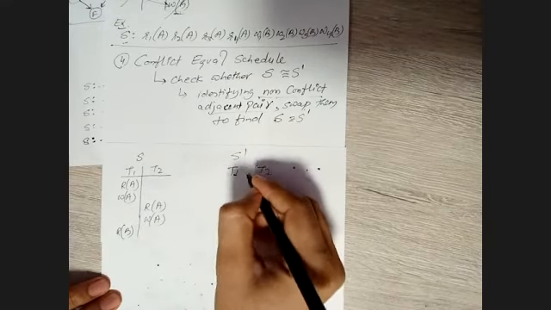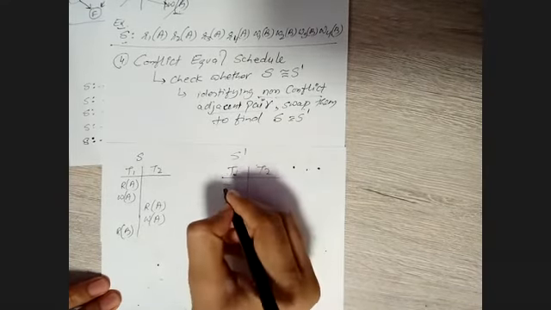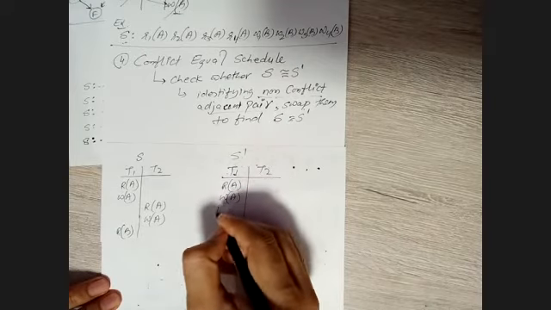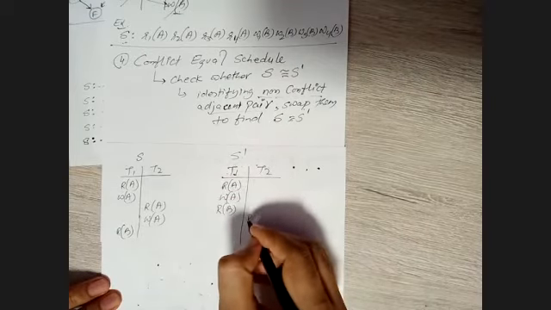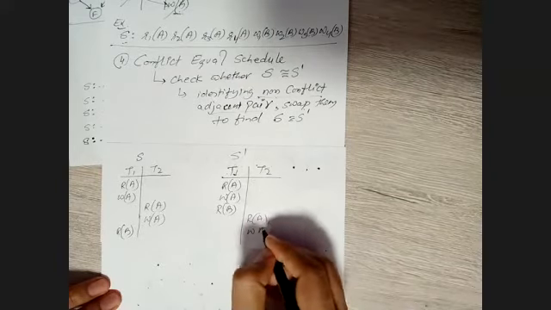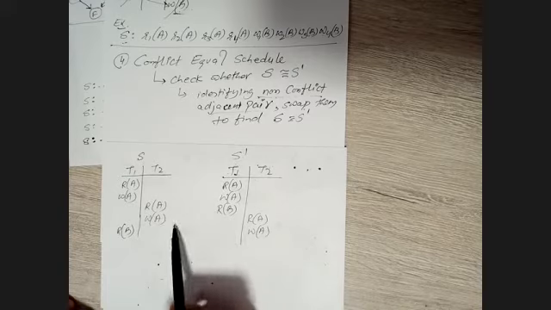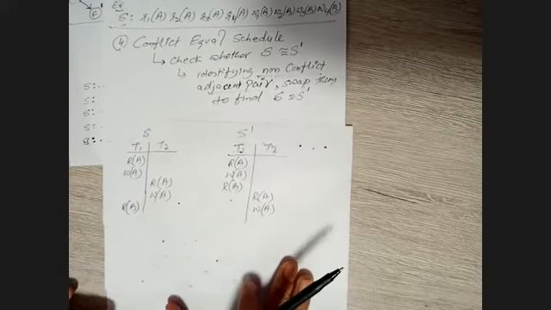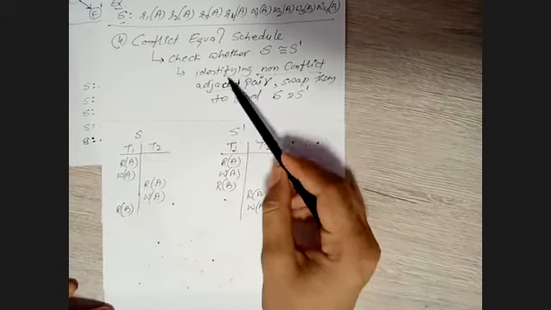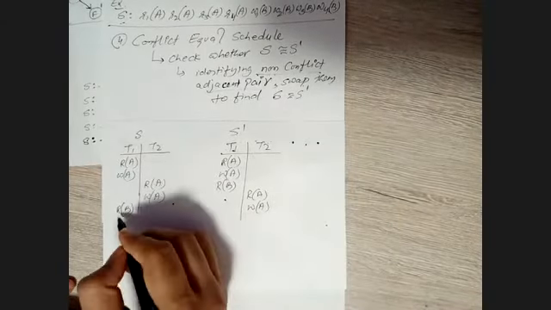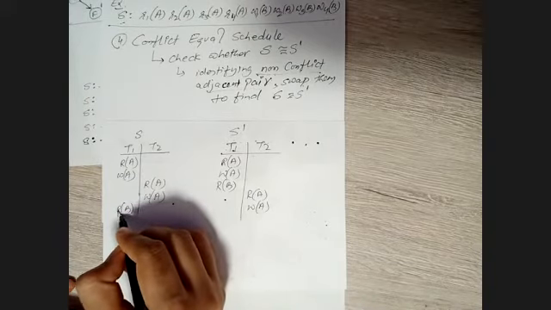We need to check whether both are equivalent or not. So this is what we have. Let's check whether both are equivalent or not. So what we will do, as the concept says, is identify non-conflict adjacent pairs. So let's start from the bottom.